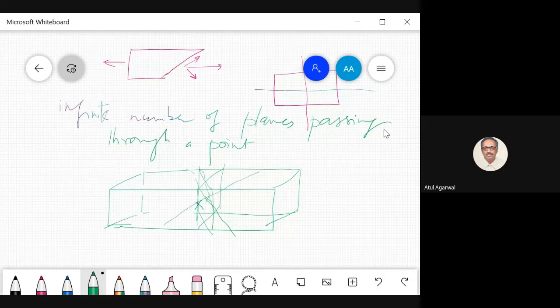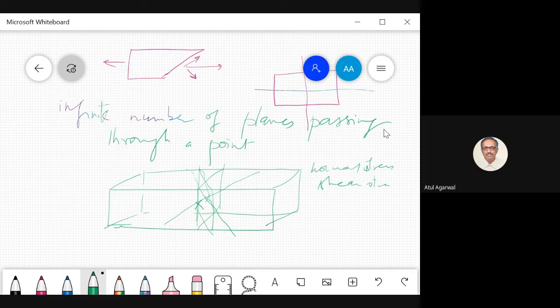On each plane, you are having different normal stress, different shear stress. Normal stress, shear stress depend on the orientation of the plane. Somewhere normal stress will be higher, somewhere shear stress will be higher. How will you find about which plane the body will fail? You see, it's a problem.